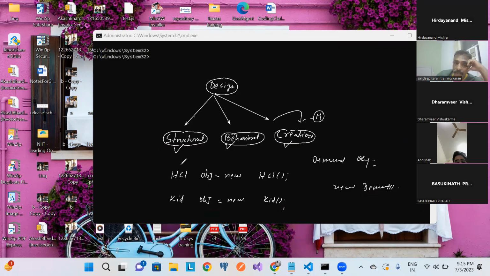Now, in this diagram, where is creational, where is structural, and where is behavioral? Just think technically. Look at the extreme left. The class is said to be structural. I'm requesting all of you, write this down.